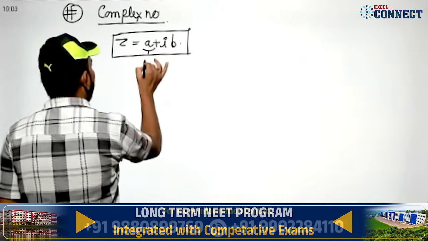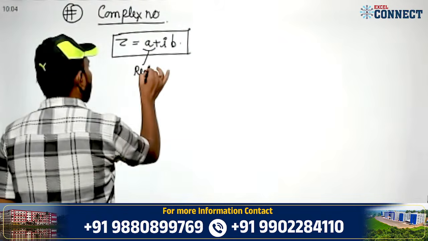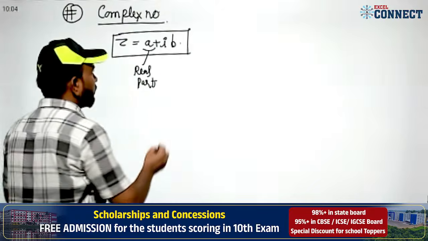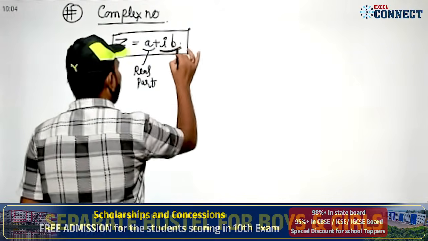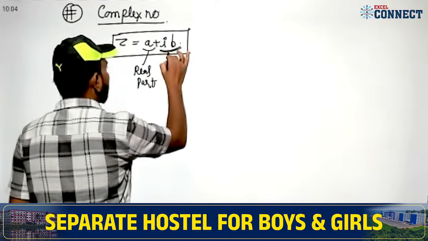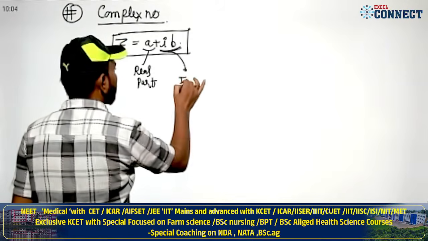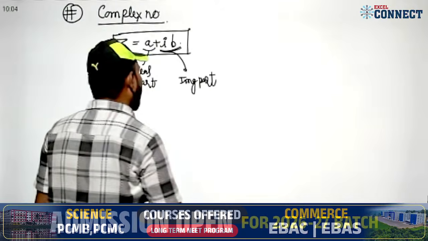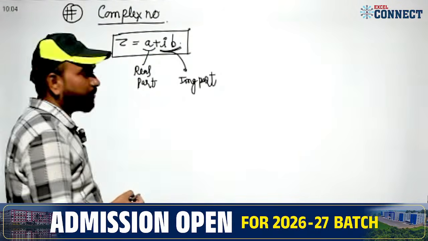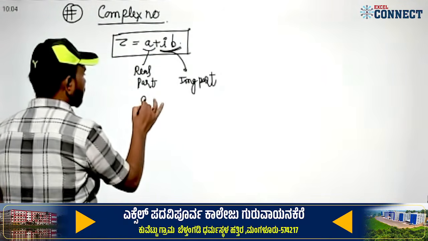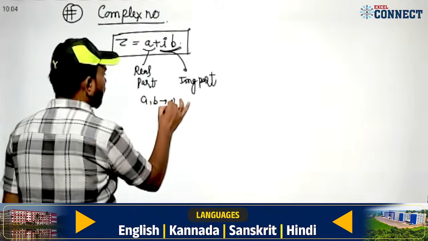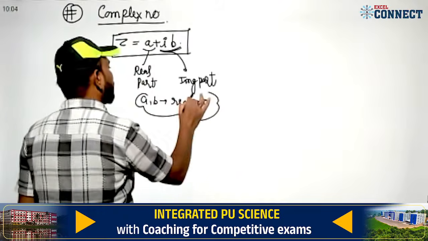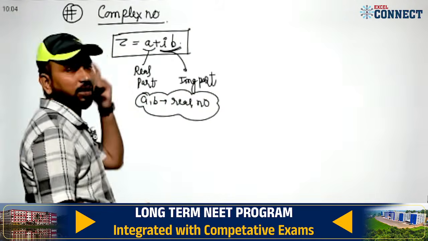This a is called the real part, where iota is not there, and this part where iota is there is called the imaginary part. Now a and b are both real numbers, a comma b real.